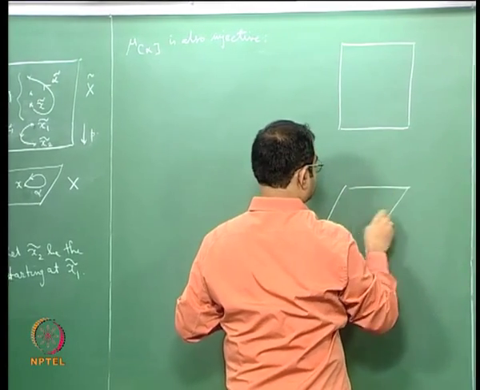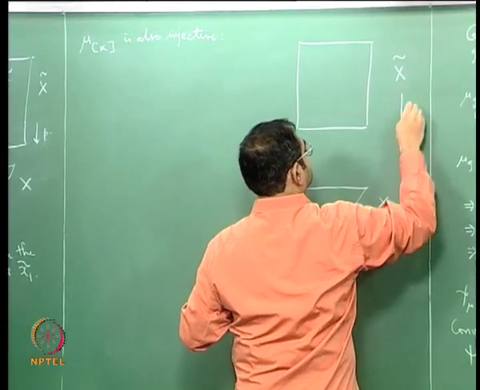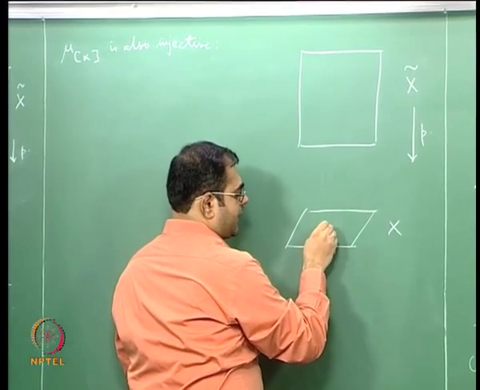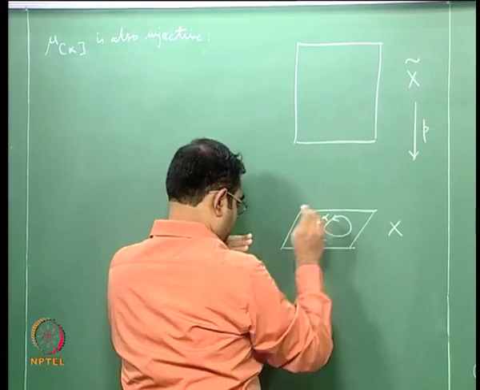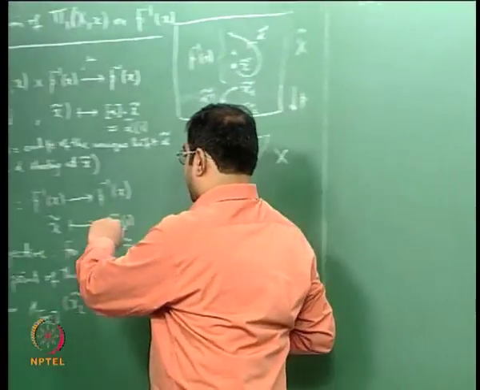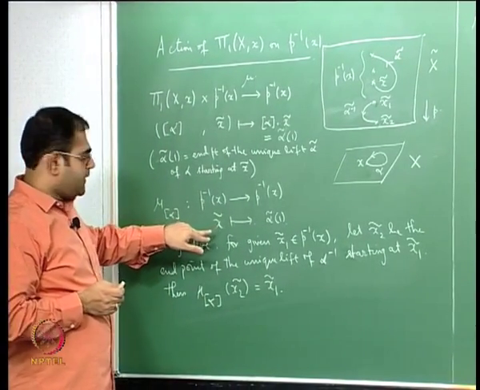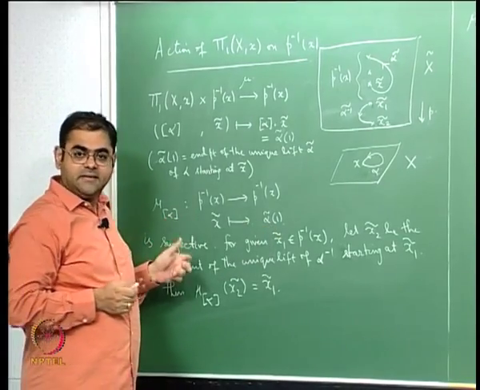Here is my x, this is my x tilde, this is P, and I have this point x and this loop alpha. I have to show that if two points x prime tilde and x double prime tilde go to the same point, then the points are equal.